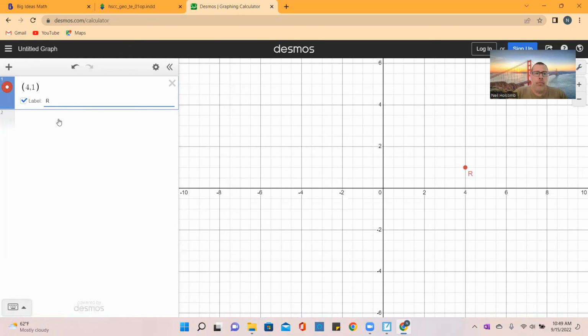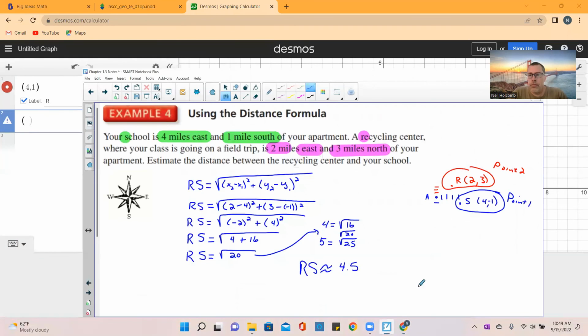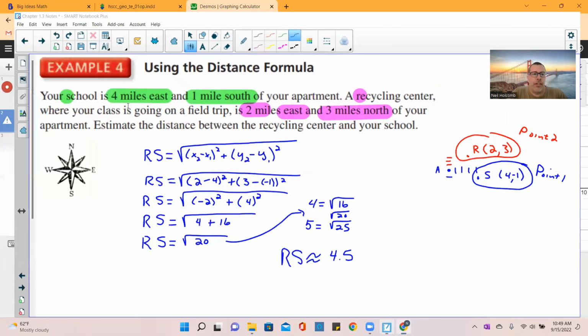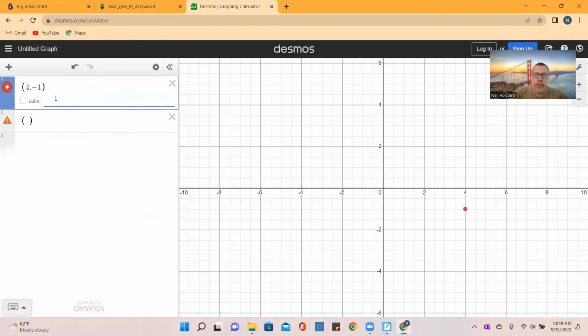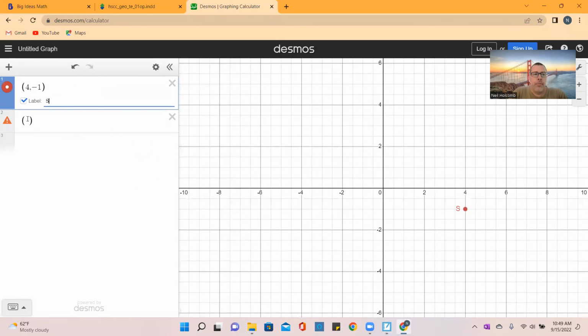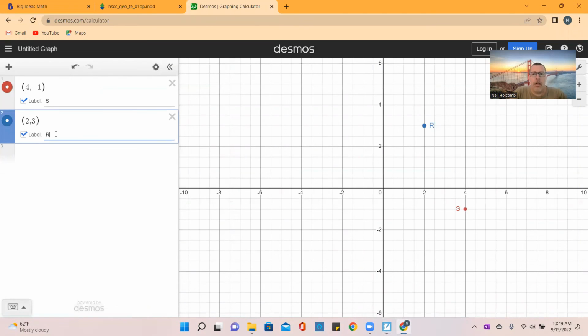And the school was, let me fix this, the school's -4, -1, and that is the school. The recycle center is 2, 3, so I'm going to put 2, 3 and label it R.